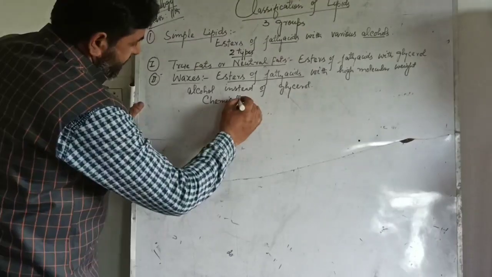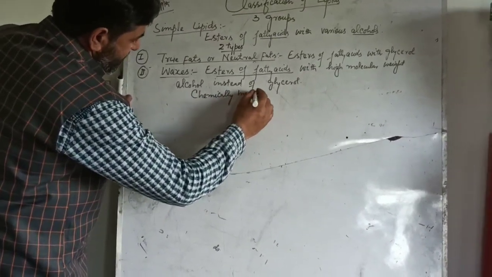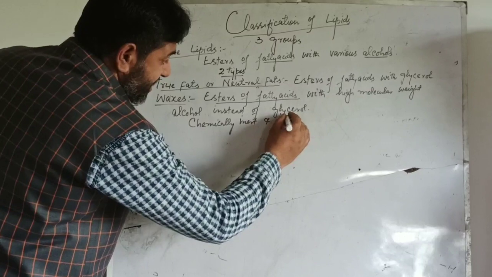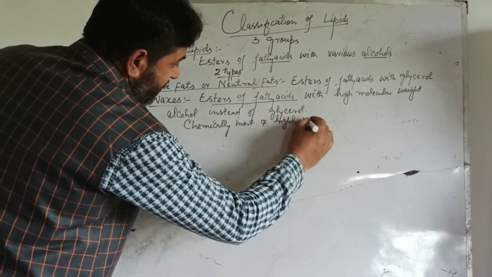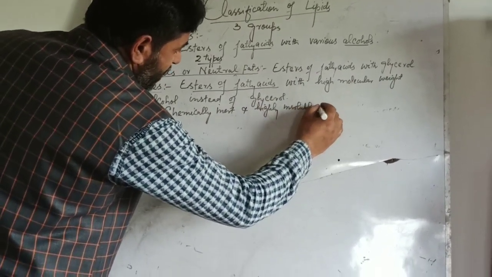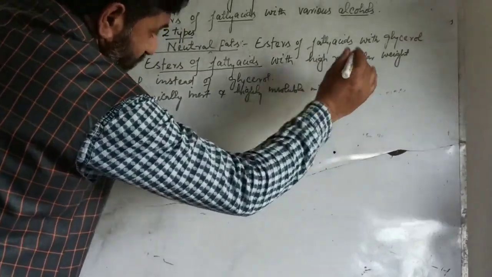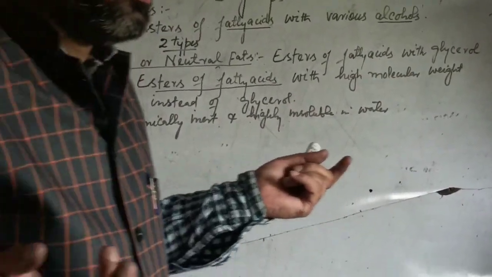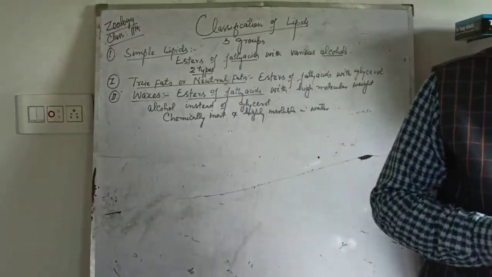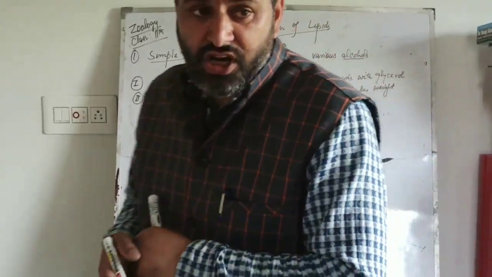They are chemically inert and are highly insoluble in water. Why are waxes chemically inert? Why are they highly insoluble in water?